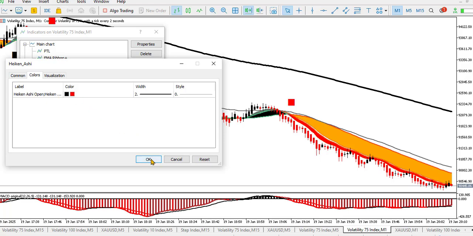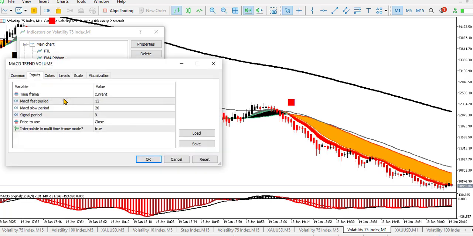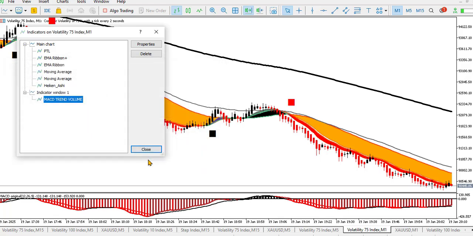Black is for buy and red is for sell, and I have the MACD trend volume indicator. So these are the values for MACD. These are the default settings. If you like, you can play with these values, but this is what I'm using for this particular analysis. Make sure you set it up accordingly.